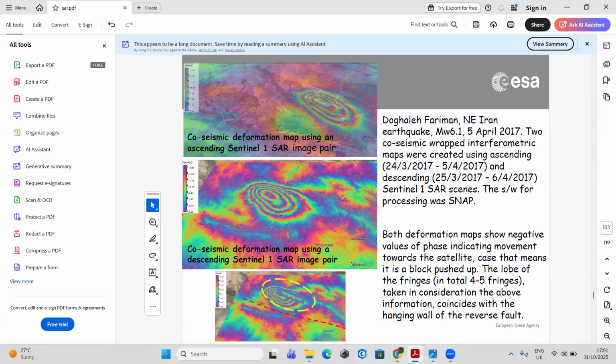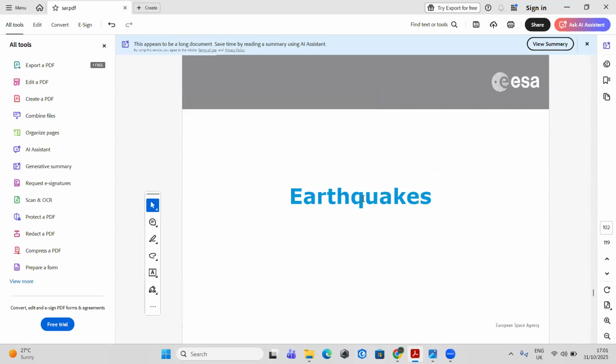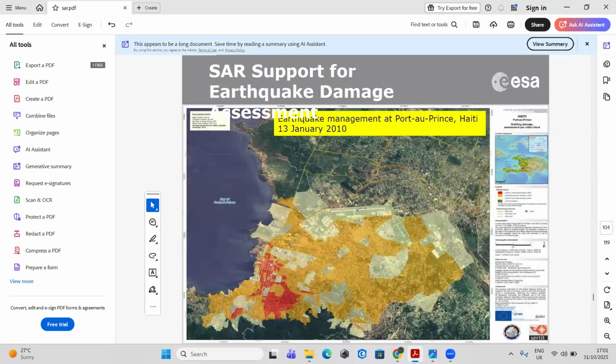Using two imagery, there are some physical and mathematical operations that we do, that we are able to understand how the ground was moving after earthquakes and landslides. I have the old image, I have the new image, and using some mathematical operations, I can evaluate the way in which the ground has moved after the earthquake. So, for example, here it shows in the red area, the earthquake was the most high. In the yellow area, it was less, and then in this yellow, it was much lesser.